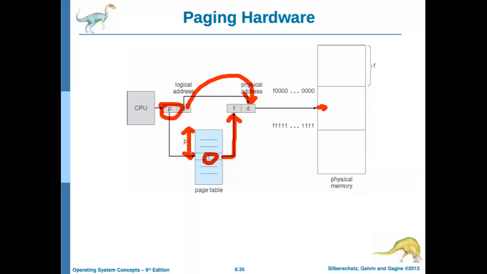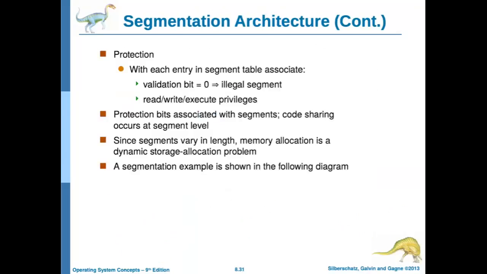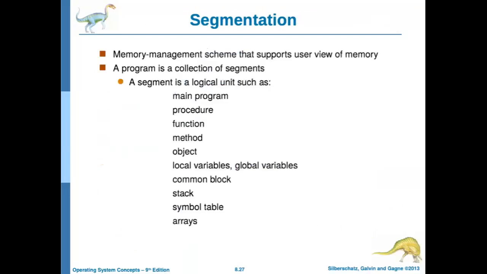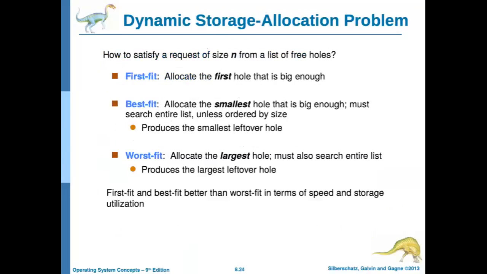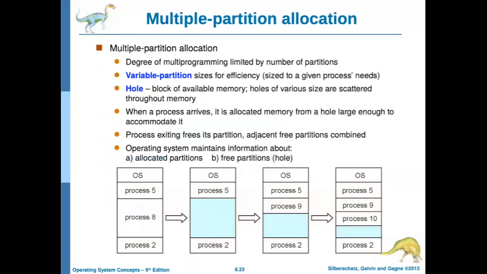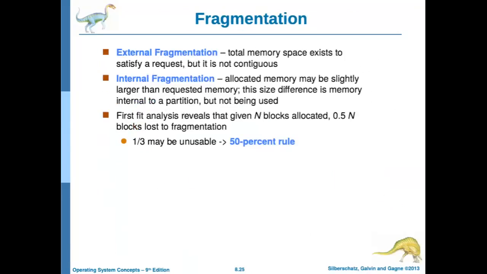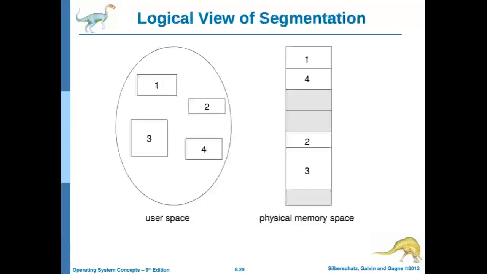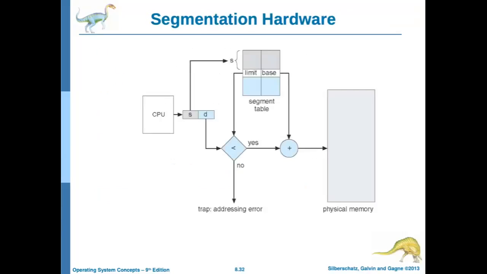Let me go back to the hardware of segmentation. See here, we have the limit register and also the base register, because segments are of different sizes. So we need to check whether it is within the limit.